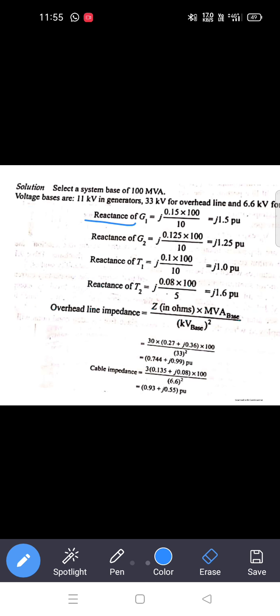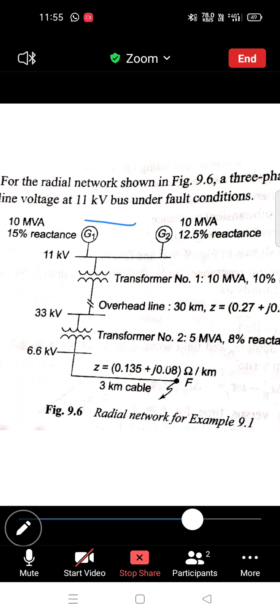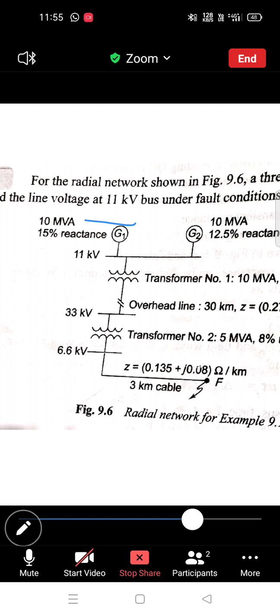So in the above manner, for generator G1 we have 10 MVA and 15% reactance. So 15% reactance into the base MVA divided by the actual MVA. What is the actual MVA?